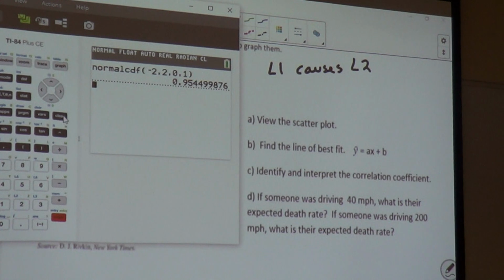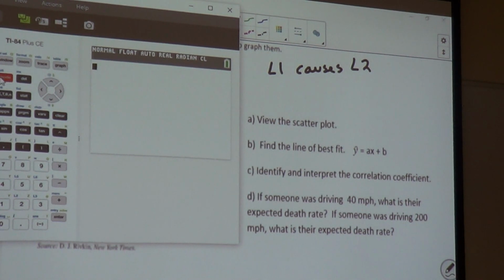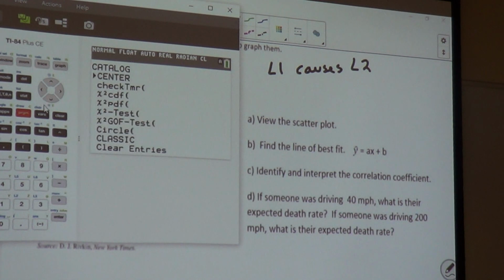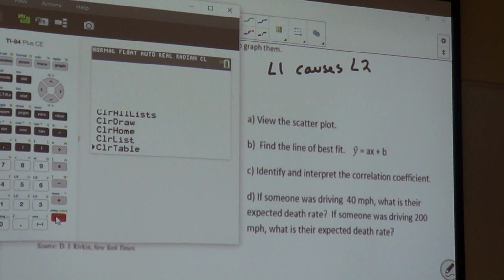So, you're gonna do fixed calc, then you're gonna go to your Y equals button. You're gonna glance to make sure that Plot 1 is black, and you're gonna clear out your Y equals. Then you're gonna do second quit, go to your catalog, and clear your table. Enter.